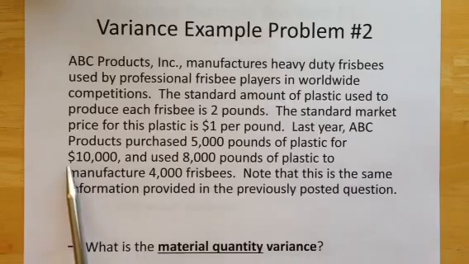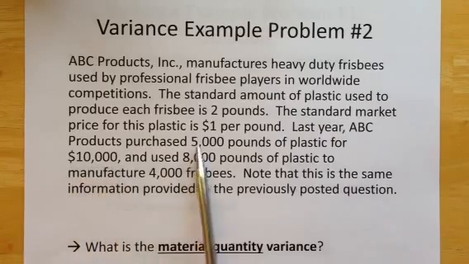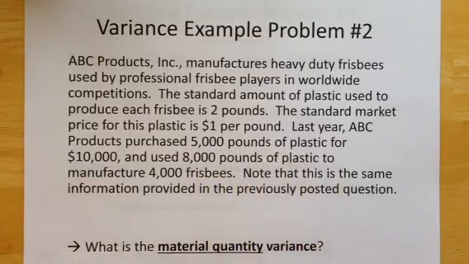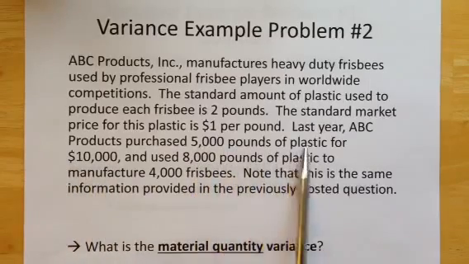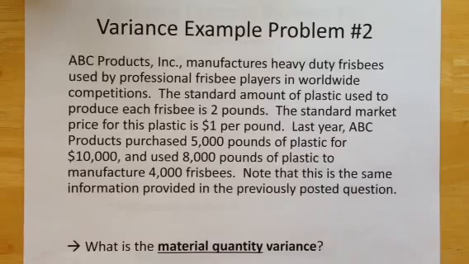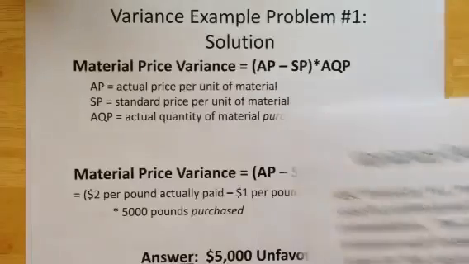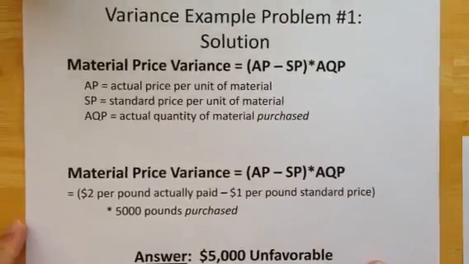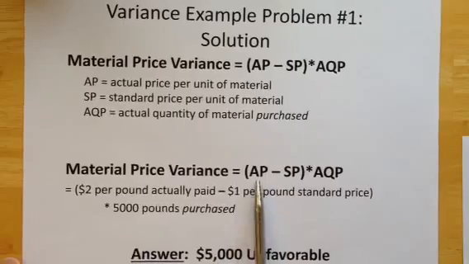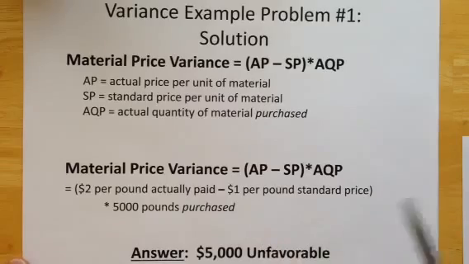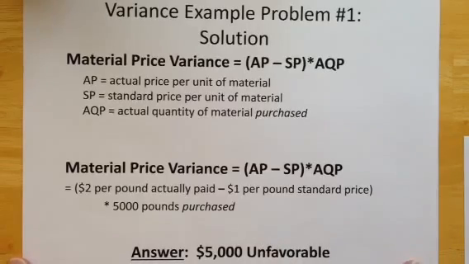Well, if we know we paid $10,000 total for 5,000 pounds of plastic, $10,000 divided by 5,000 pounds means we actually paid $2 per pound, the per unit price for our plastic this past year. And that is what we plugged in for AP, the actual price that we paid, $2 per pound actually paid. But notice we had to first calculate that based on the information we were given.